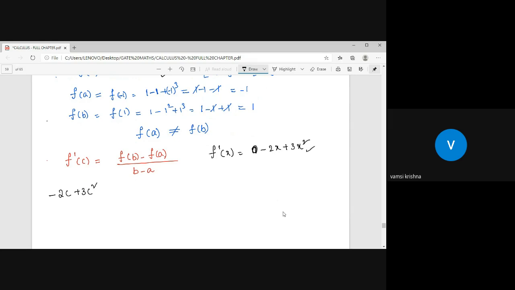Here I substituted c in place of x, which is equal to f of b. The function value at b is 1, I think. So this is 1, minus of f of a. F of a is also minus 1. 1 minus of minus 1 divided by b minus a. B minus a also same values. 1 minus of minus 1.